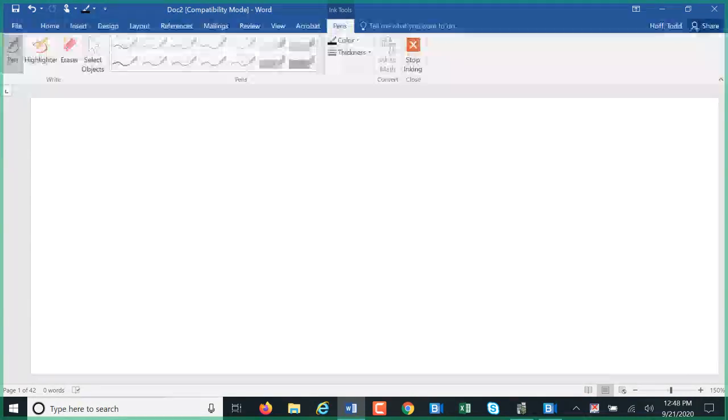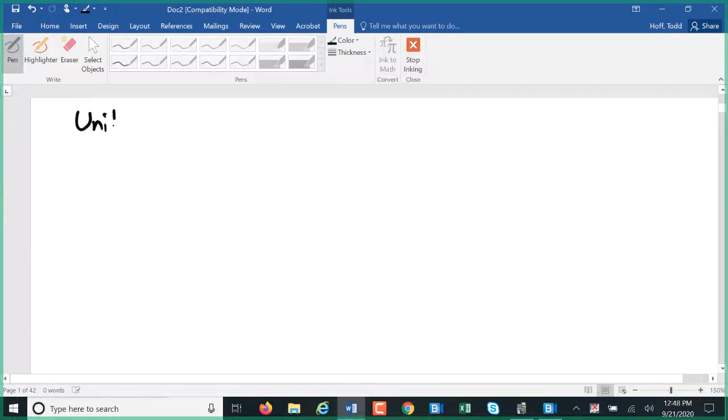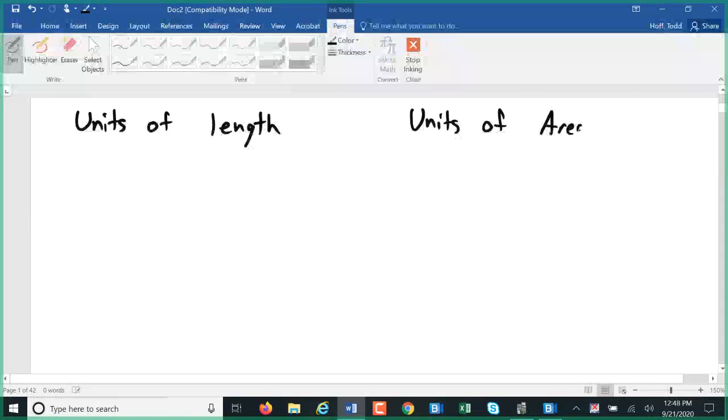Okay, we talked about all those units of length. The next step is to apply those units to units of area. I want to take a look at the difference between them. Units of length is just a distance between points.